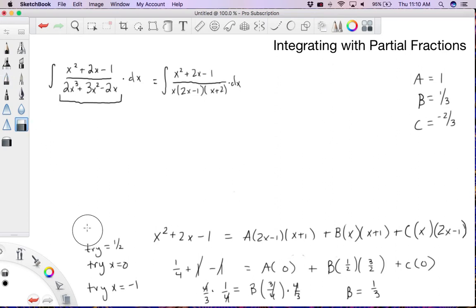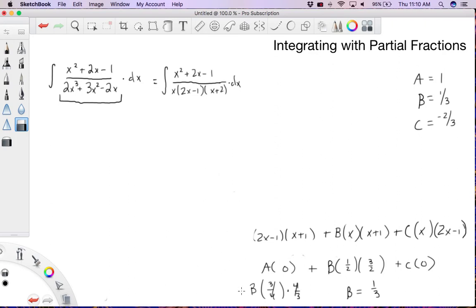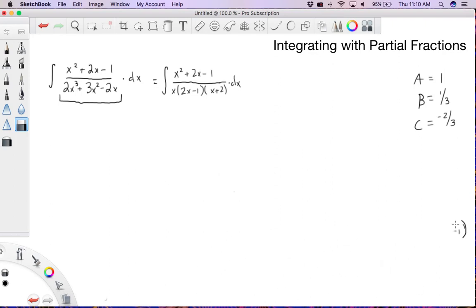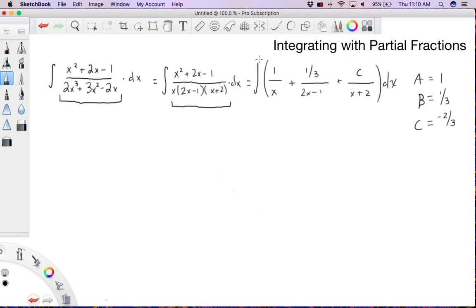I'm now going to erase this equation here at the bottom. I probably should have left the original fractional decomposition, but basically this polynomial here is going to turn into a over x plus b over 2x minus 1 plus c over x plus 2, and then the whole thing is being integrated with respect to dx.